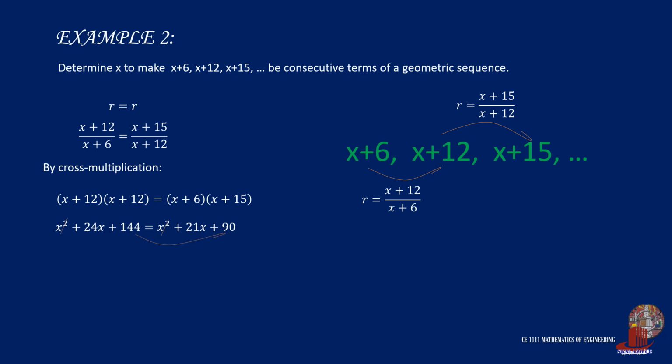Cancel out x squared on both sides of the equation, and collect terms with x on the left side while placing all constants on the right to have 3x is equal to -54. Now, isolate x by dividing everything by 3, and we end up with x equal to negative 18.